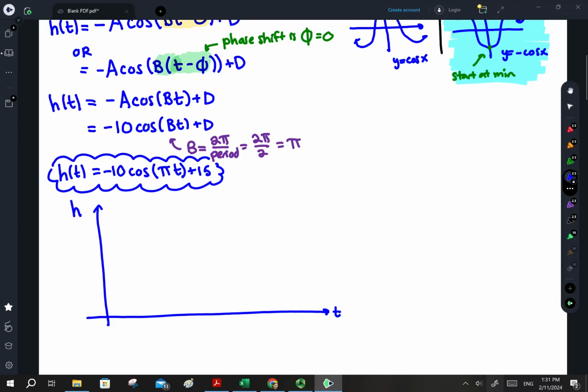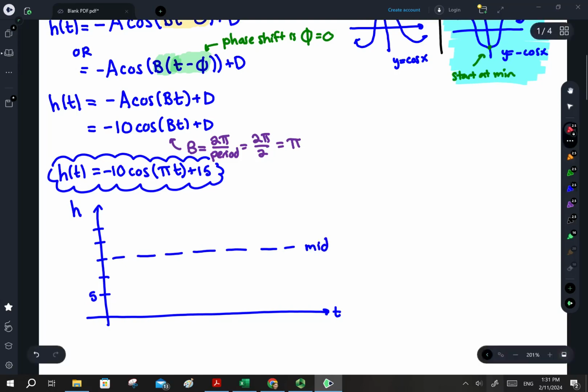So the way I like to make my graphs of transformations of sine and cosine functions is I first like to draw in the midline. So our midline is at 15 meters. So I'll draw a horizontal line at height 15. And then from the midline, I use the amplitude to find where the max and the min would be located.